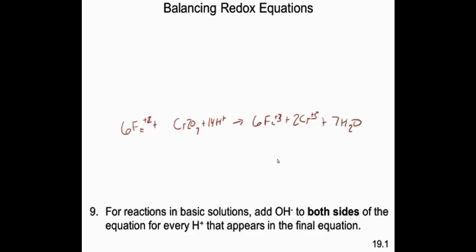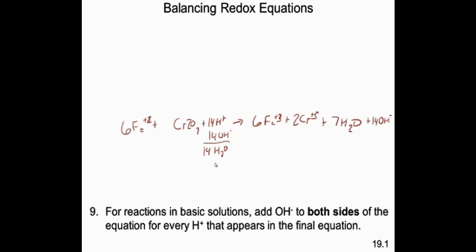Alright, so if this was in basic solution instead of in acidic solution, what would happen is we would add OH minus, so we would add 14 OH negatives, okay? And what is that going to become on this side? Well, it's going to become 14 waters. But just like in math class, if we add 14 OHs to the left side, we also have to add 14 OHs to the right-hand side.